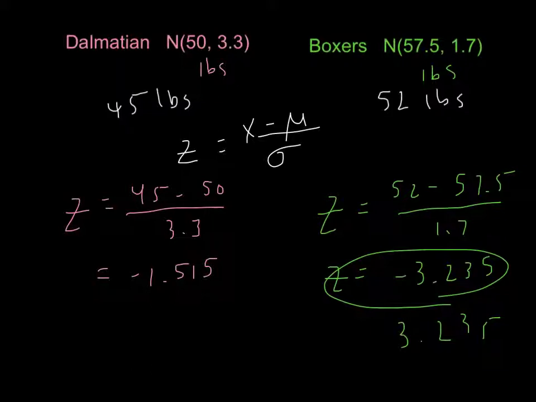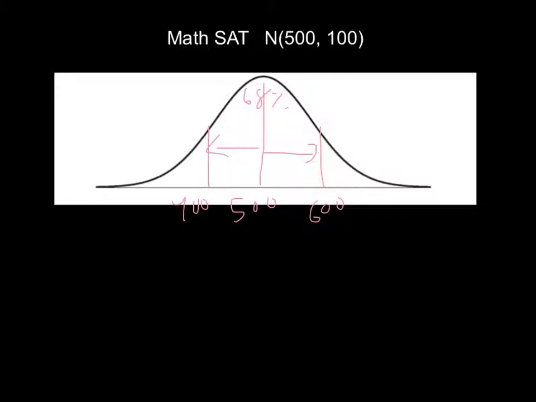Anyway, that's that. Let's head back to the math section of the SAT again. That normal distribution with 500 points as the mean and 100 points as the standard deviation. That means, according to that 68, 95, 99.7 rule, that 68% of students nationally that take the SAT will score somewhere between a 400 and a 600 on the SAT.